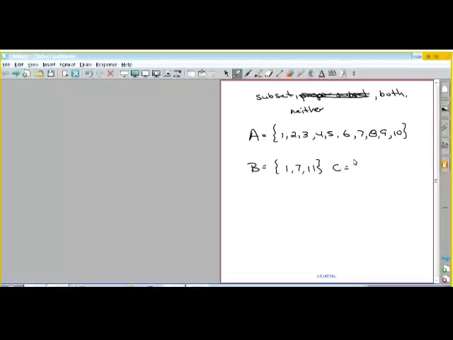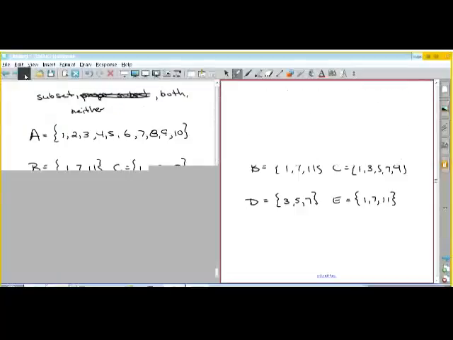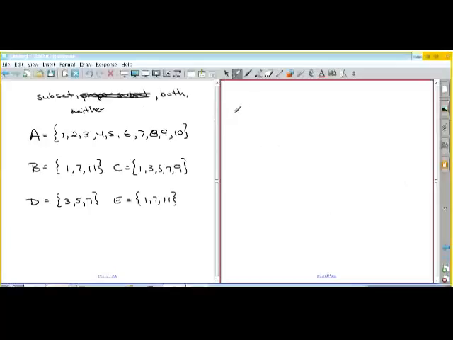And set C, and set D, and set E. So I'm going to give you some sets like that, and then there are going to be some questions.